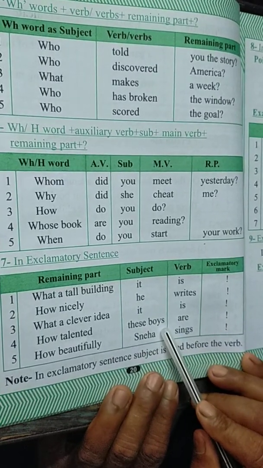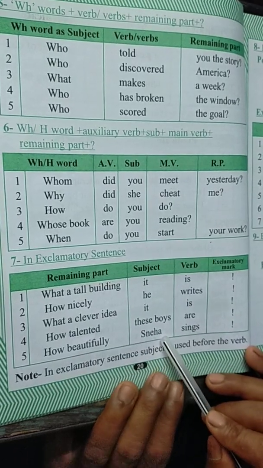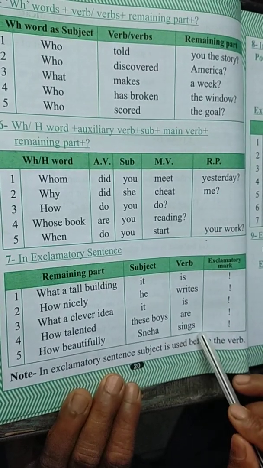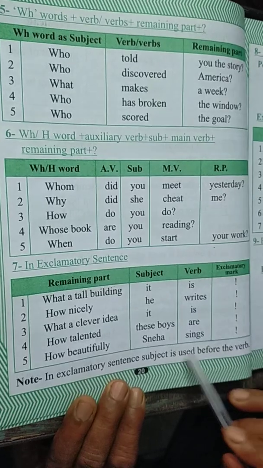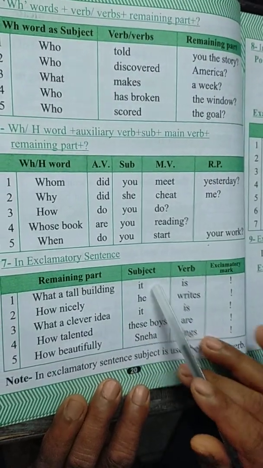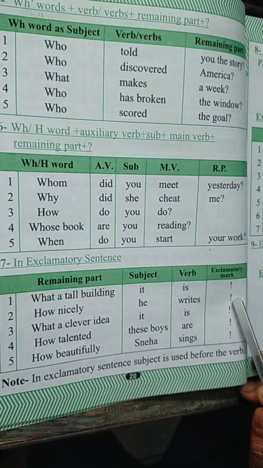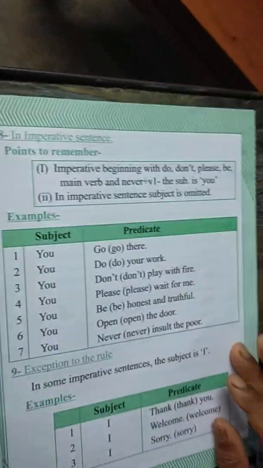These boys is the subject, are is the verb. Sneha is the subject, sings is the verb. So in exclamatory sentences, the remaining part comes first, then in the middle the subject and verb, and then the exclamatory mark. Now come to page number 21.